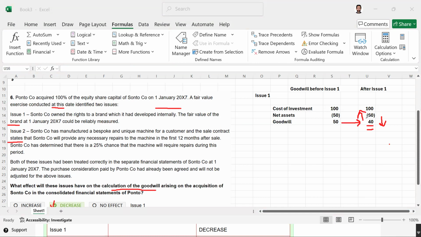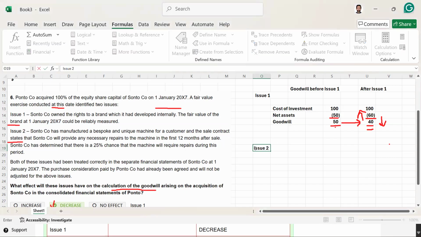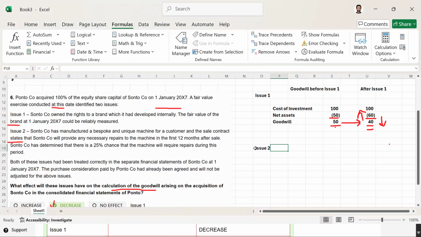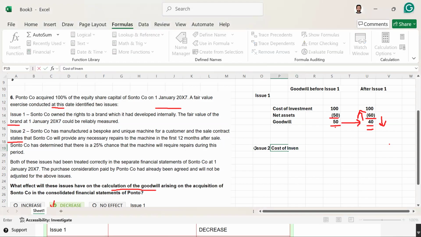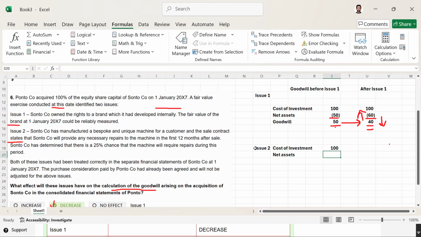Students, I hope you're comfortable with this one. Yeah, it makes sense. Yeah, thank you. Okay, so next one. If we look at issue 2 here, we again have the same situation, the cost of investment, which is again 100, and the net assets have this value, which is 50.